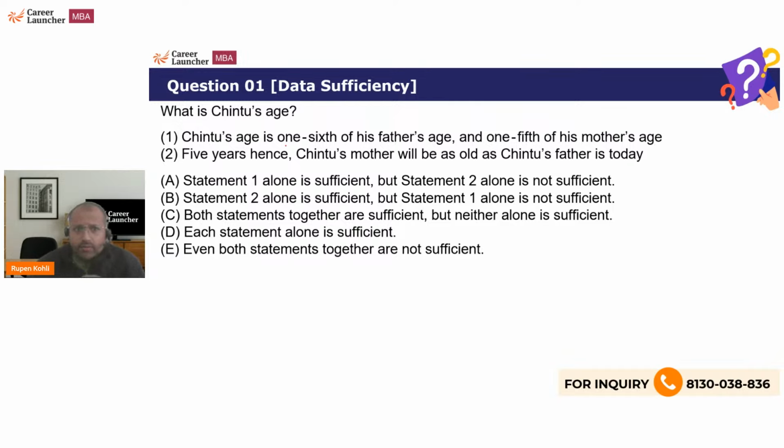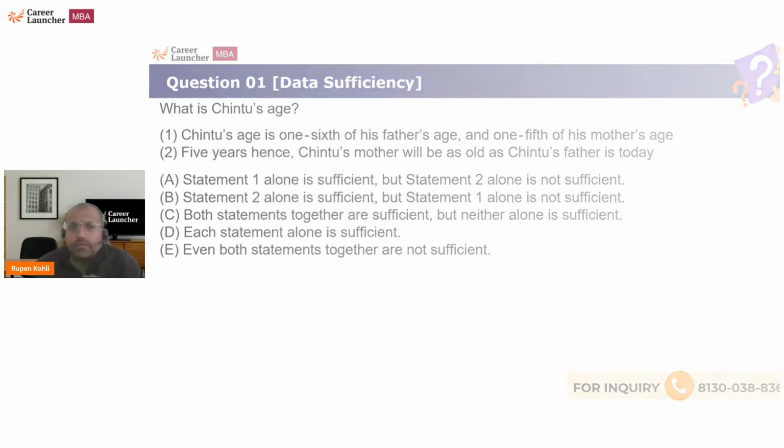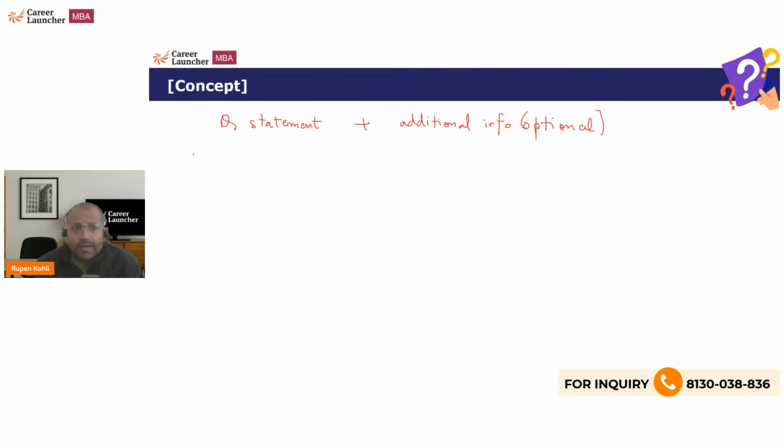So this question at the top may or may not contain some information followed by these two statements. What we have to do is two independent analyses. So there is this question statement at the top, plus additional information which may or may not be there, so I'm saying this is optional, followed by statement 1 and statement 2.